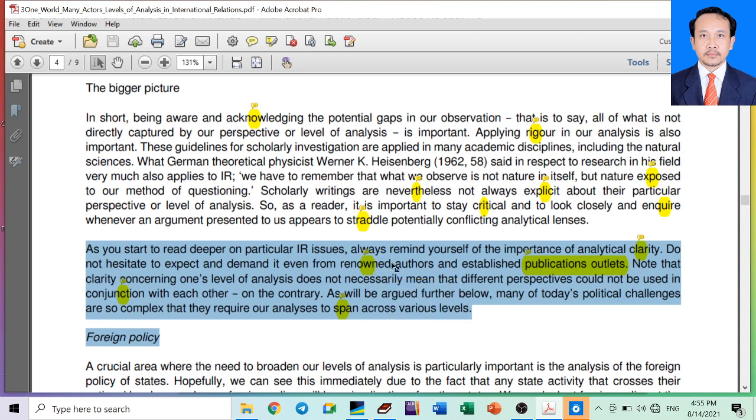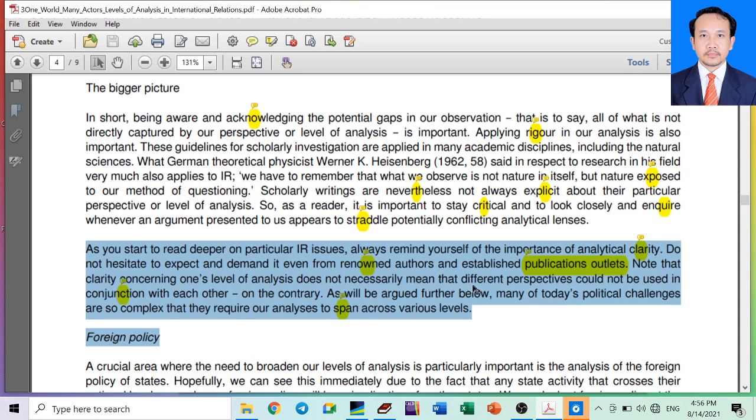Renowned authors are those with an established publication outlet.